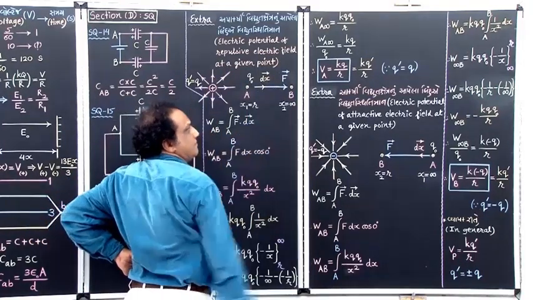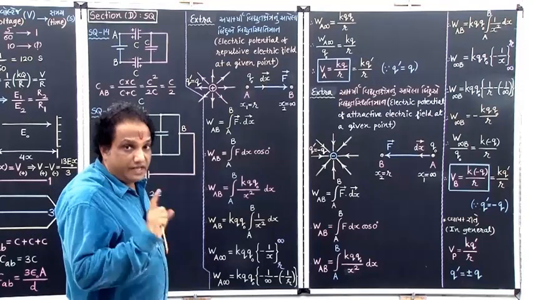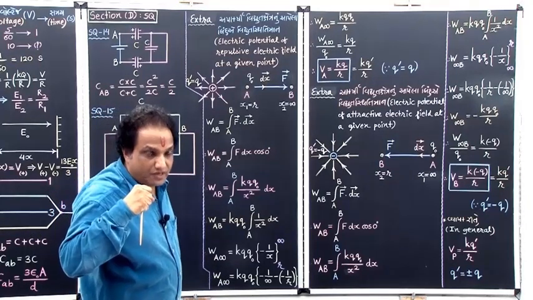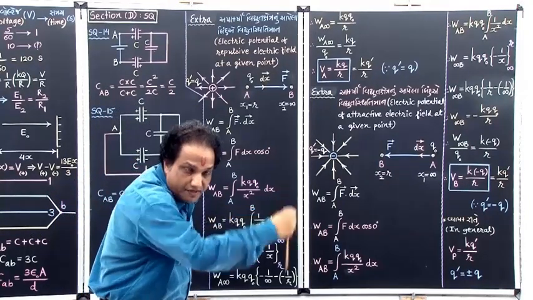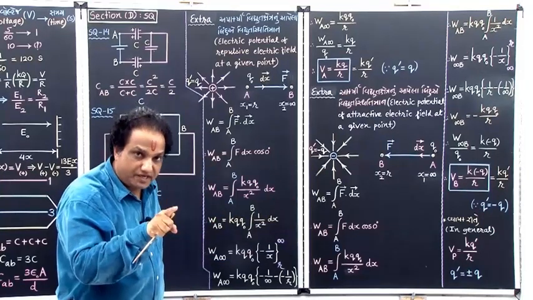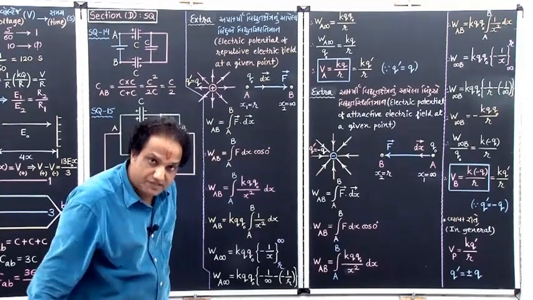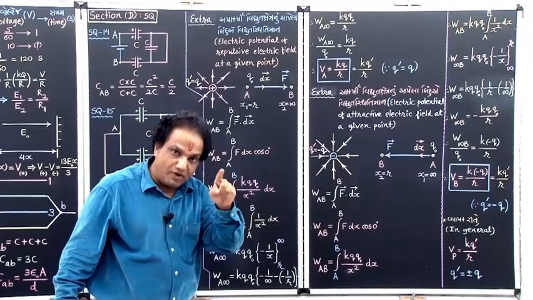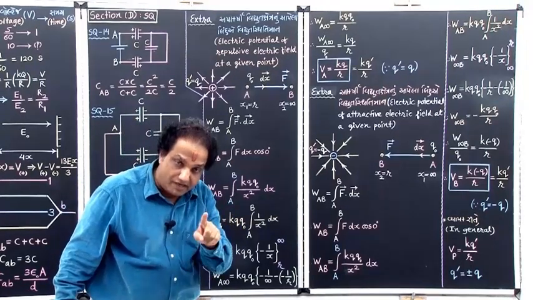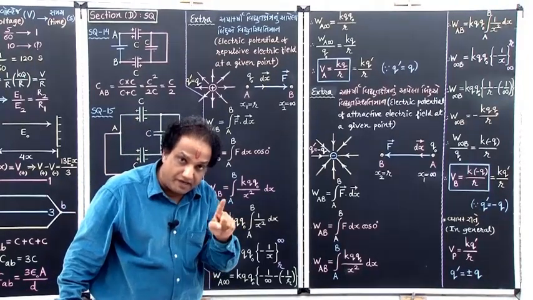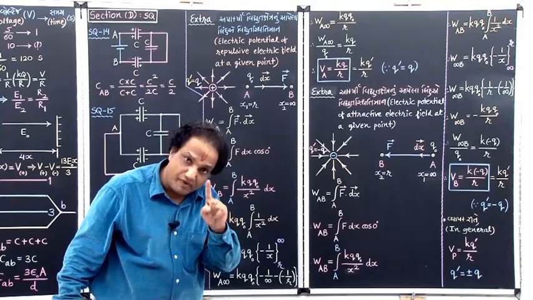How long? Till the electric force remains exerted. The electric force will remain exerted till infinite distance, because F is proportional to 1 upon R square. Unless and until R becomes infinite, the Coulombian force will be there.